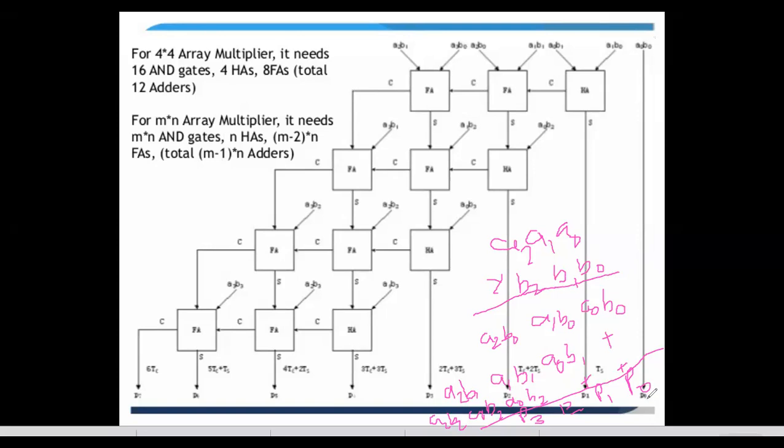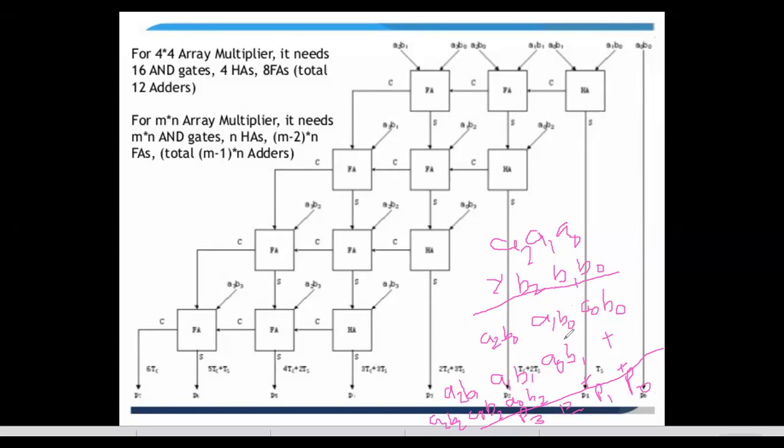Second multiplier is A1 B0, added with A0 B1. This entire product term we will create, this entire product term is the second input for the half adder. These two terms, A1 B0 and A0 B1, can be created using the AND gate.